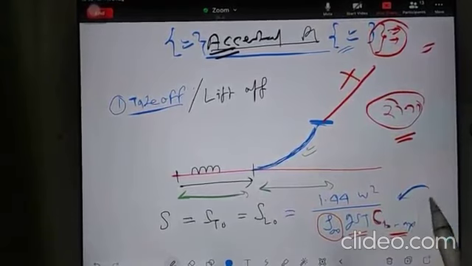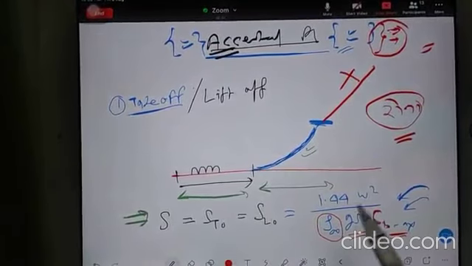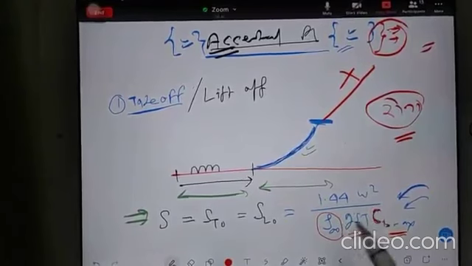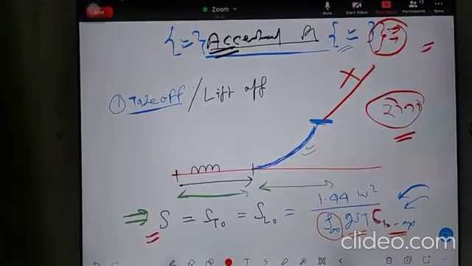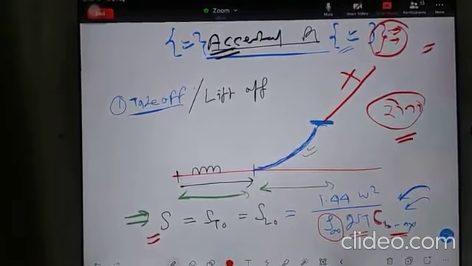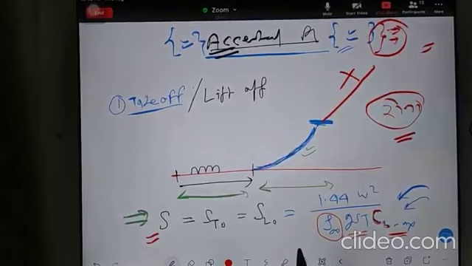Now here you should understand the same formula. Either they are asking by giving all the variables, then you directly substitute the value and tick here. But they will not ask in that way. They will ask you the variations. Variations means in summer days, in hotter days, in winter days, is your takeoff distance increasing or decreasing?